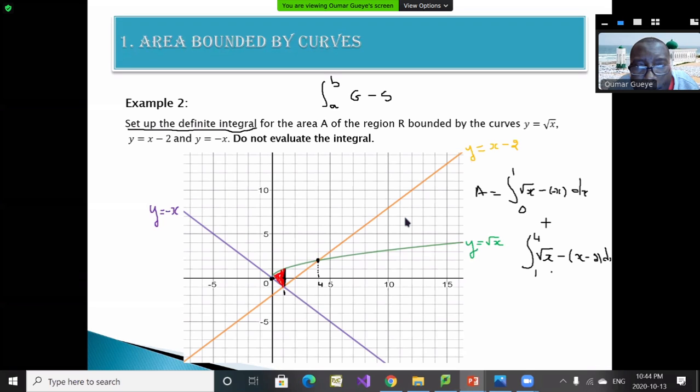Yeah, thank you. And don't forget the first step, what I did in order to find 0, 1, and 4, because these values are not provided by the question. So you have to show me that part. How to find 0, 1, and 4: you have to prove it by calculating the intersection points, the x coordinates.